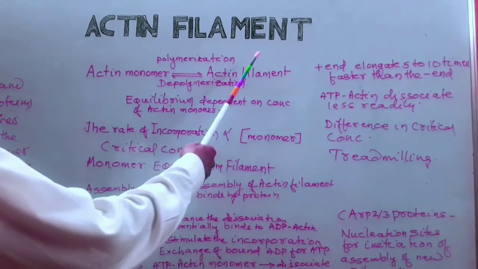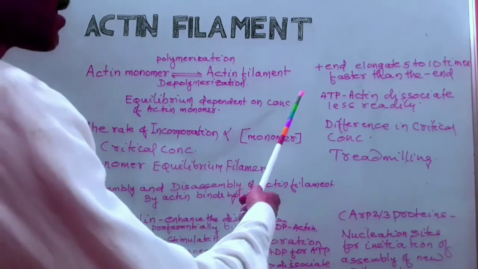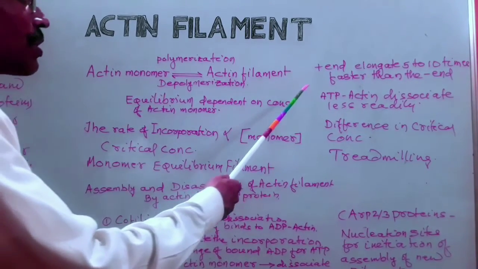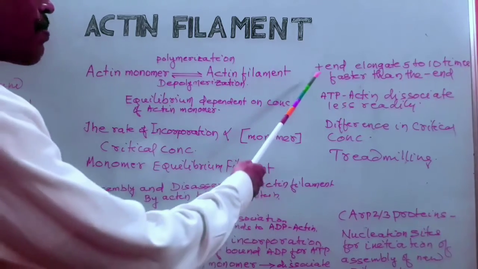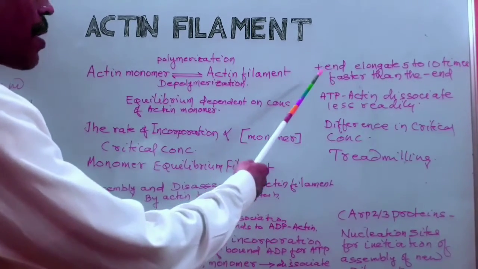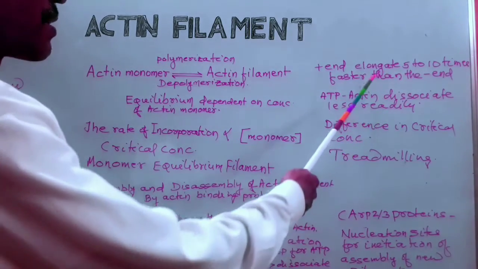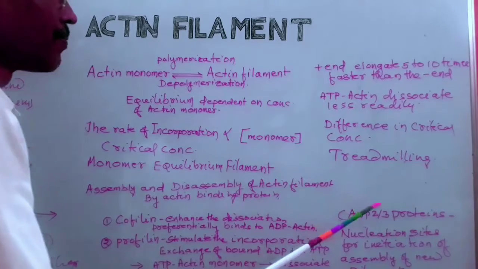The actin filaments are polar structures. That means the actin filament has two distinct ends. One is the plus end, the other is the minus end. The plus end elongates 5 to 10 times faster than the minus end.